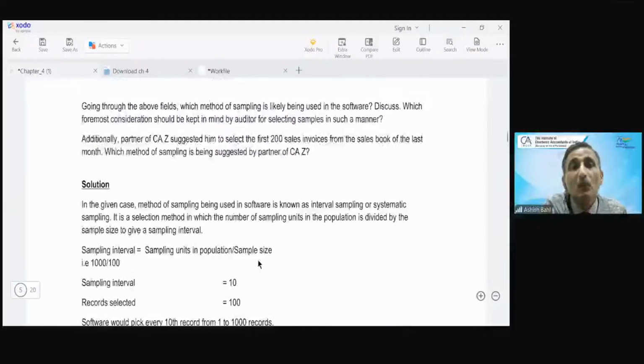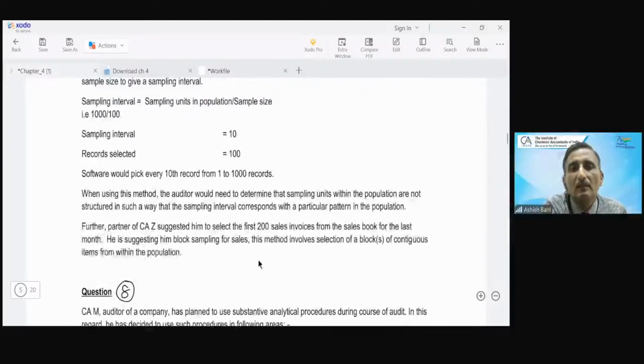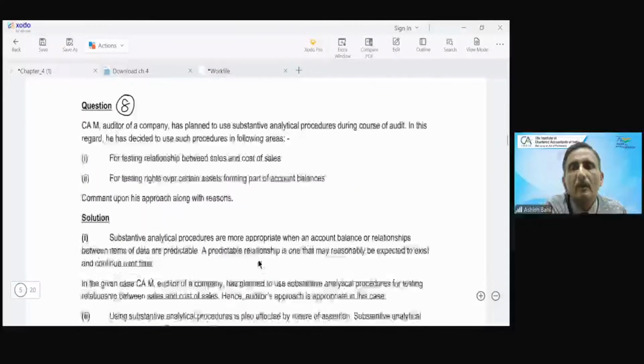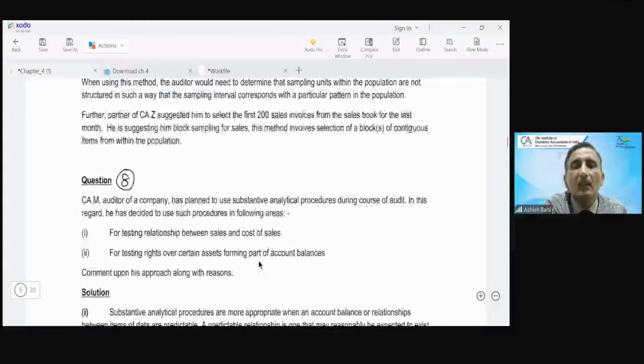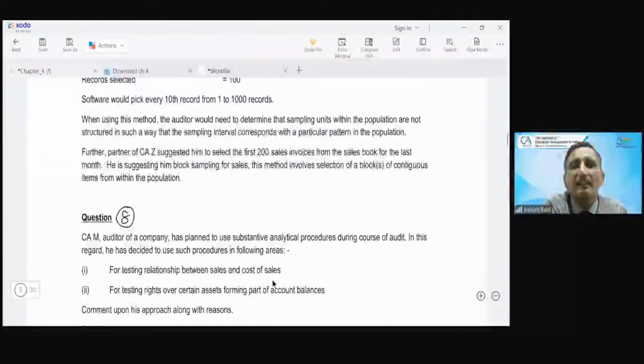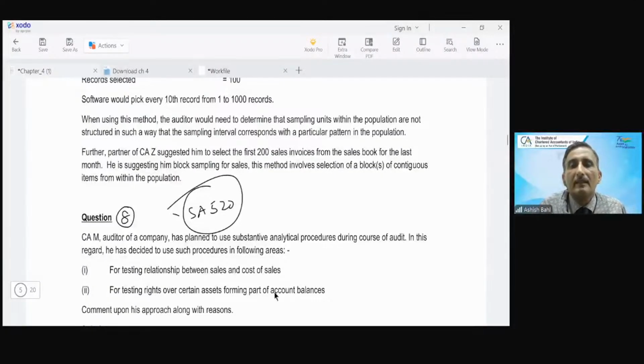So there are two parts in this question. Now, this second question, number 8, relates to analytical procedures, SA 520. CA M is the auditor of a company.